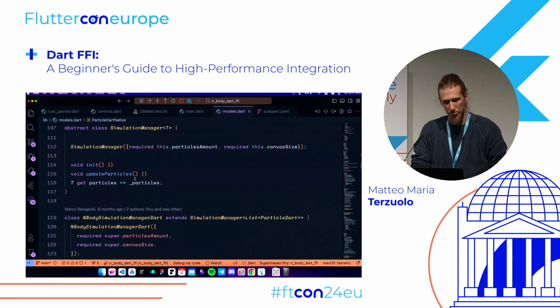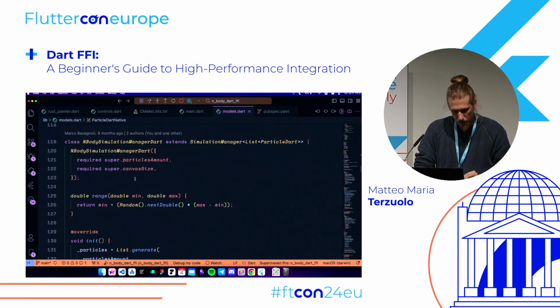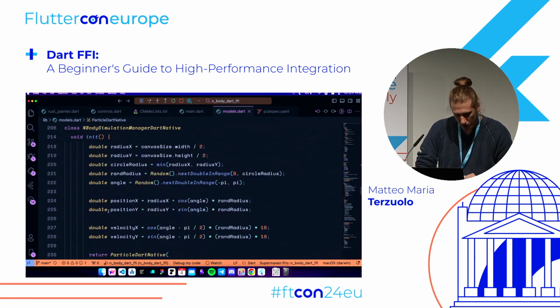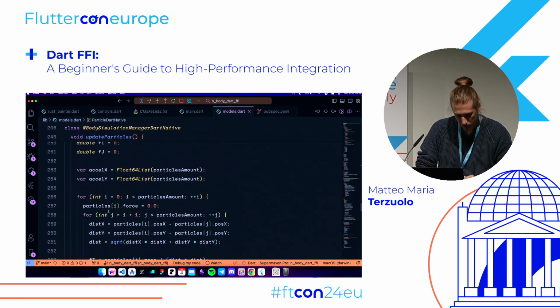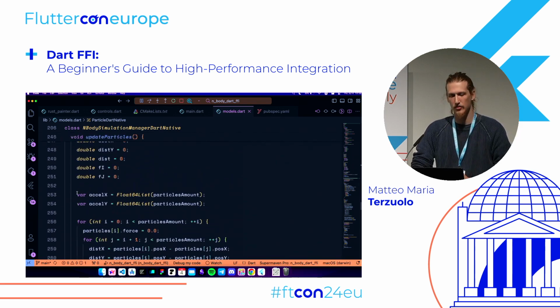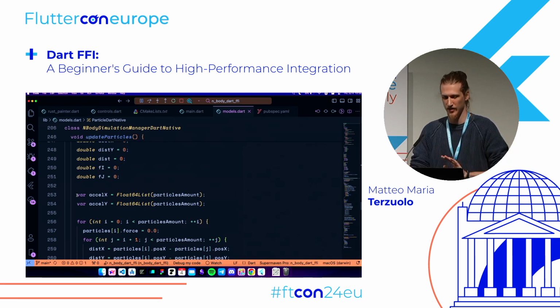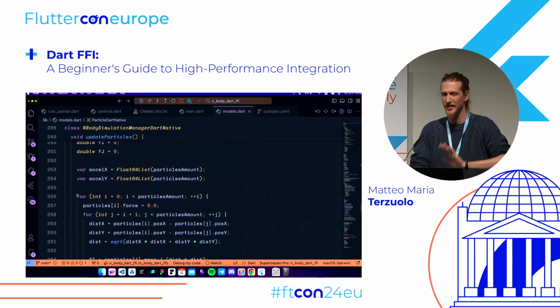Also, in the other version, I don't have a list of double, but I have 2 lists of Float64List. So this is typed data, and just that line changed is going to give you 40 FPS more. And that's all. You have to trust me, but it's exactly the same code.